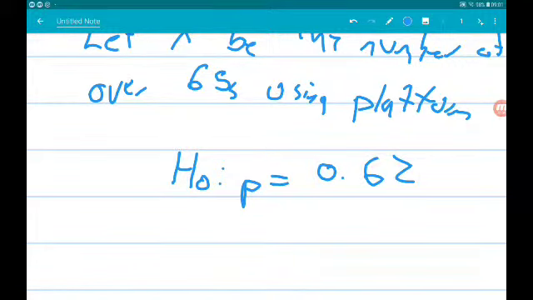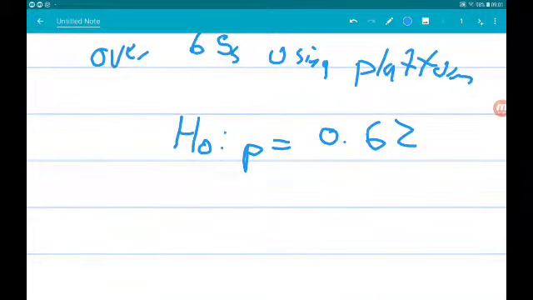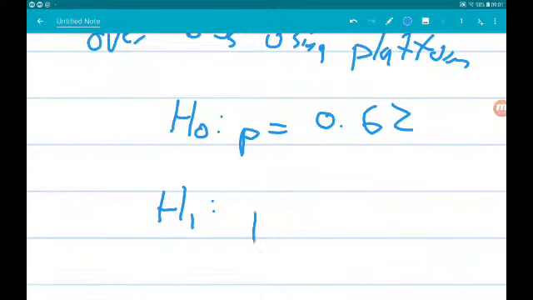And then H1, well, we want to know if the proportion has increased. So that's going to be P greater than 0.62.